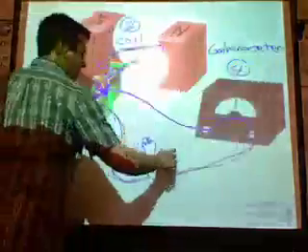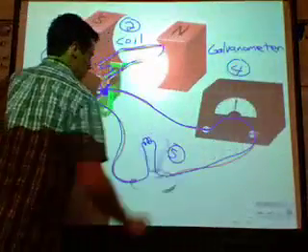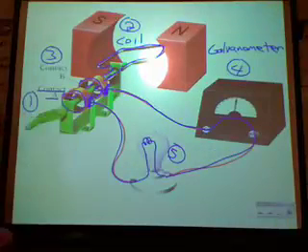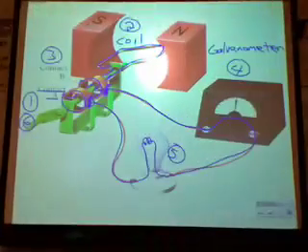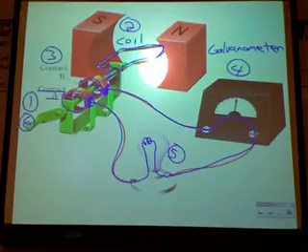From the galvanometer to the bulb, from the bulb back to contact A. Electricity flows from contact A to the coil, contact B, to the galvanometer, to the bulb, and back to contact A. You can look up there. I've numbered it for you.